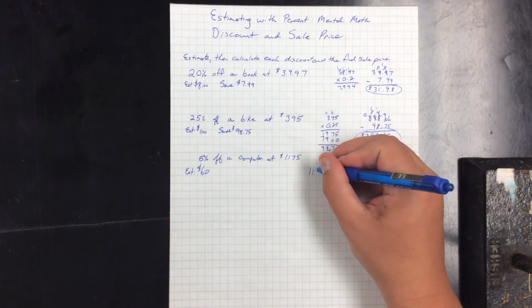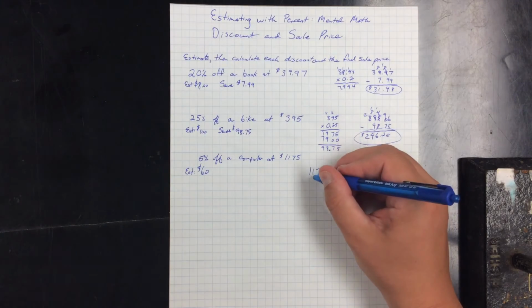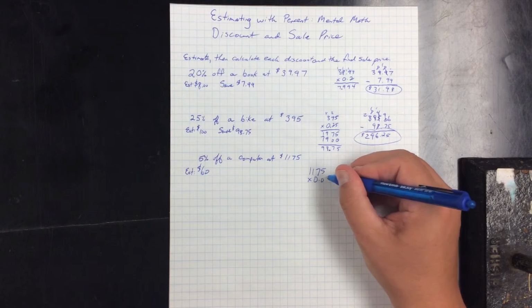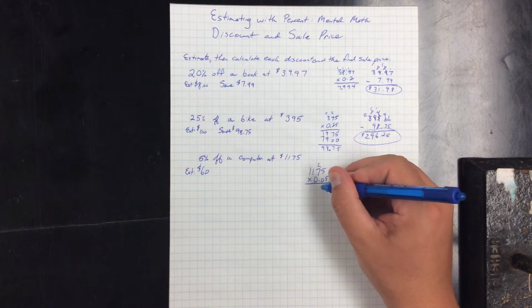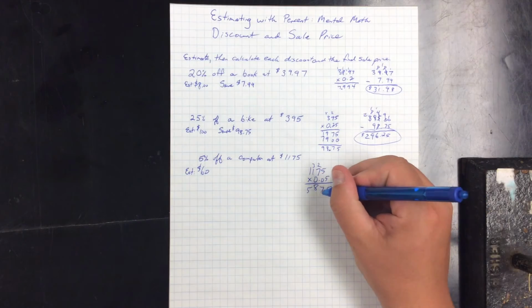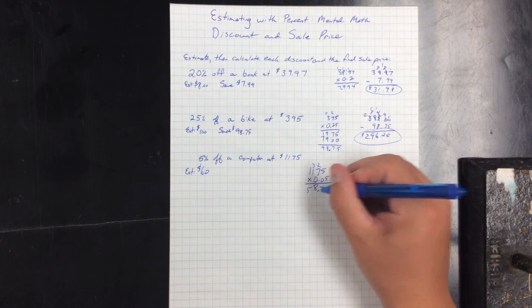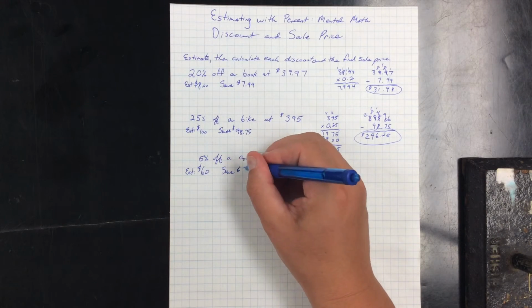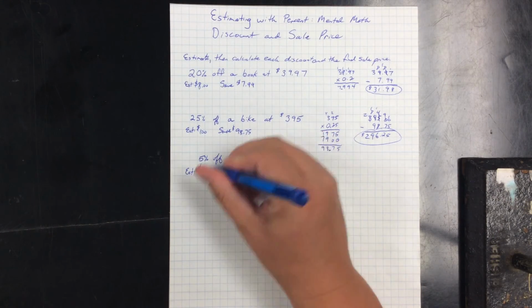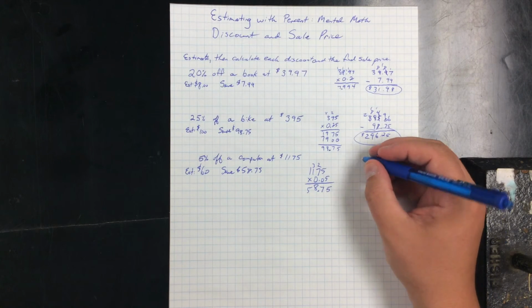So I'm going to take my 1,175 and I'm going to multiply by 0.05. 5 times 5 is 25. 5 times 7 is 35, 37. 5, 6, 7, 8, 5, with 2 decimal places, $58.75. All right, again, pretty close to my estimate.